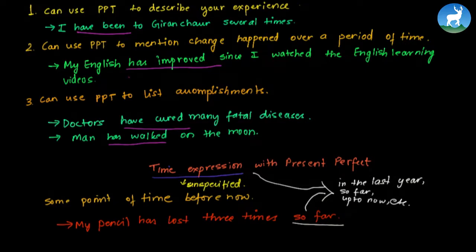So you're changing over a period of time. You can also use the present perfect tense to list accomplishments. And the time expression with the present perfect tense should be unspecified. It should be some point of time before now, and it shouldn't be pointed, like this point of time. So my pencil has been lost 3 times so far.